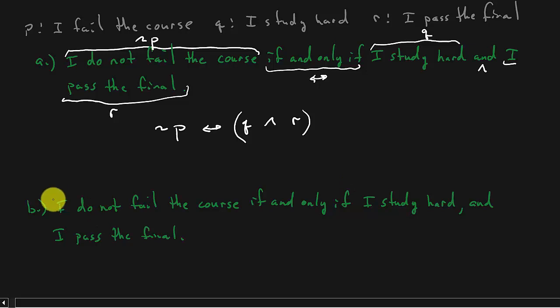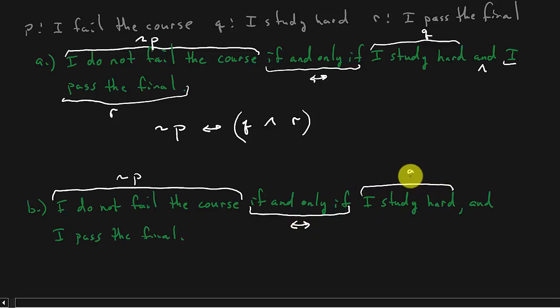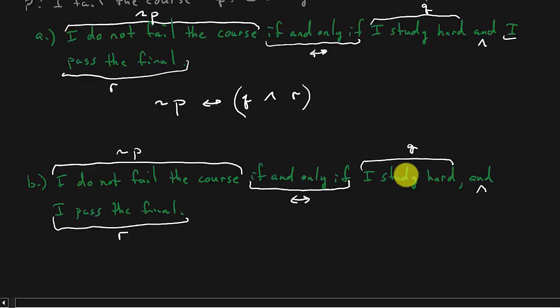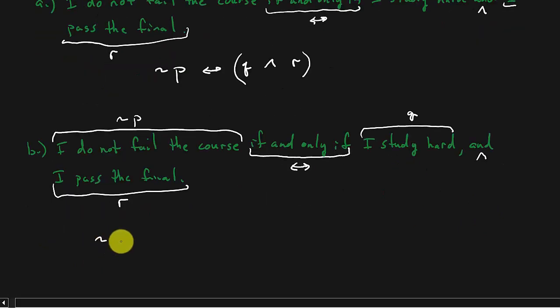We know from before that is not P. This is our if and only if, right? I study hard. That's Q. There's our connective and. I pass the final. That's R. So we've got not P, if and only if, and then we've got Q and R.